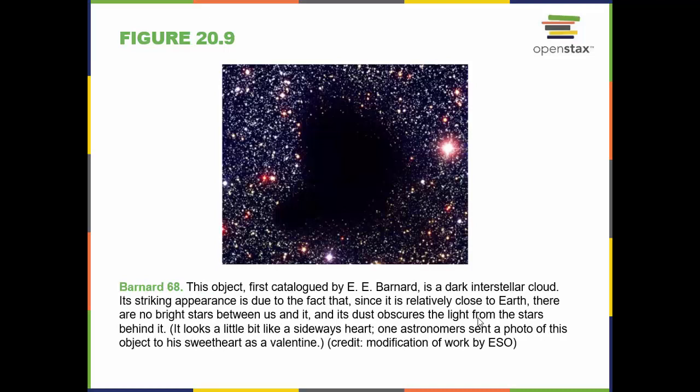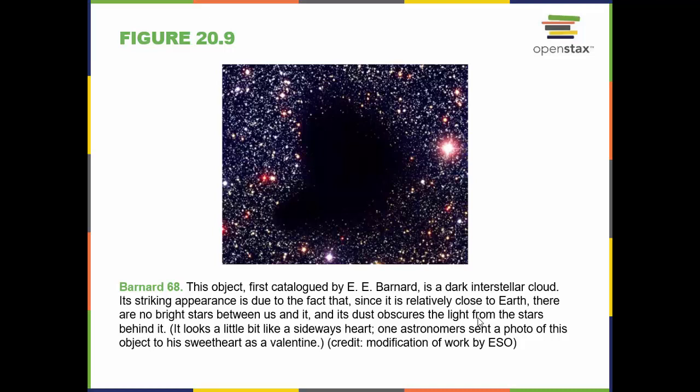Here we see an unusual picture. What we see is this object that was first cataloged by Barnard. It is a dark interstellar cloud, and its striking appearance is due to the fact that, since it is relatively close to the Earth, there are no bright stars between us and it, and its dust actually obscures the light.